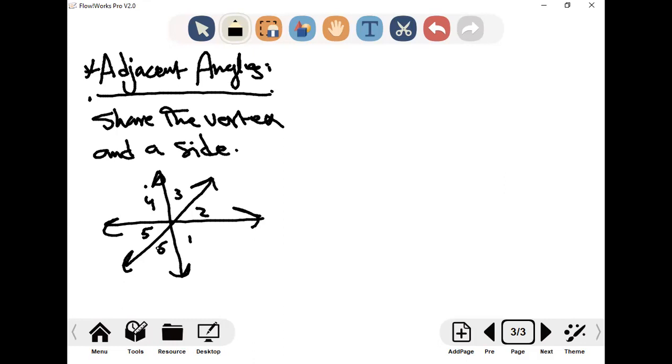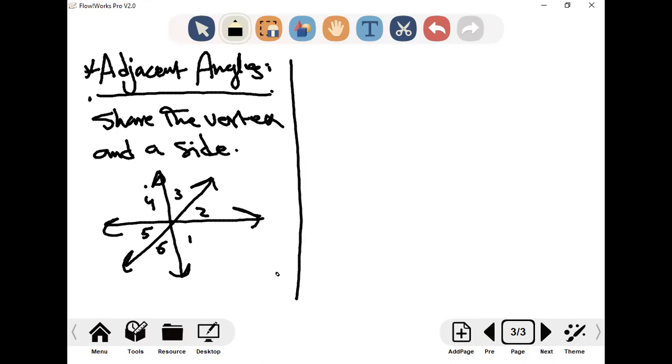Angle 4 with 3 and angle 4 with 5 are adjacent, but 4 with 1 is vertical. So you need to know when they are vertical and when they are adjacent. We said the vertical angles are equal. How about the adjacent angles? Not equal, but we need to have information so we can solve the equation.